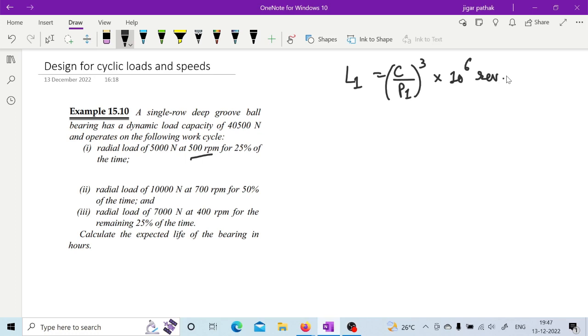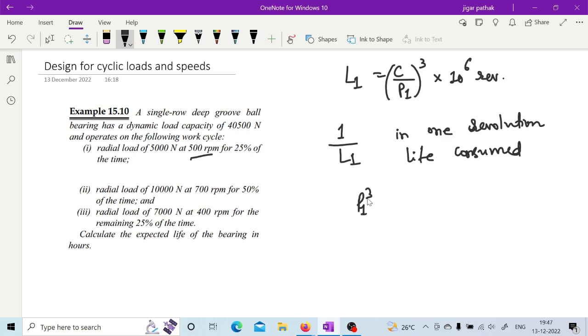Similarly, in 1 revolution, the life consumed is considered as 1 upon L1, which is given by P1 cubed upon C cubed into 1 upon 10⁶.